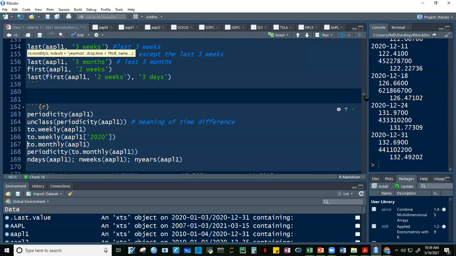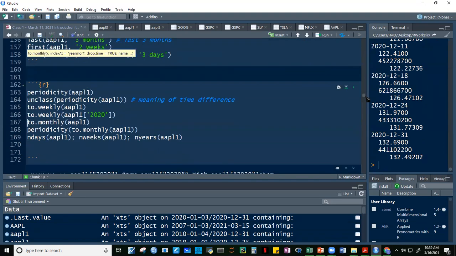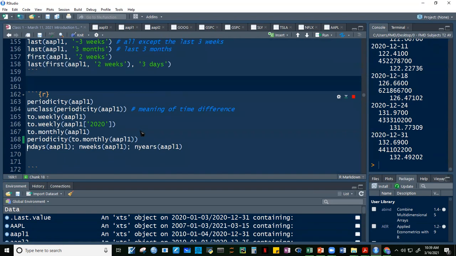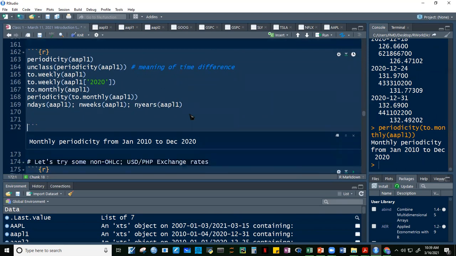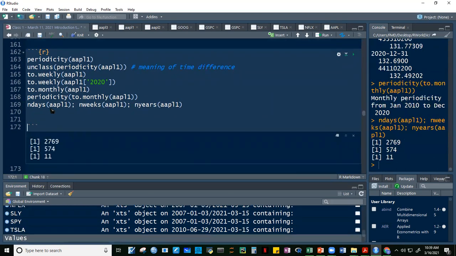Okay, so very flexible tong Quantmod guys. Dami natin pwedeng ano. Okay, ano yung periodicity ng Apple One na ginawa nating monthly? Of course, alam natin na monthly na yan. Okay, so end days ng Apple One, end weeks, at saka end years. So this will give us ilang days yung Apple One, 2769.